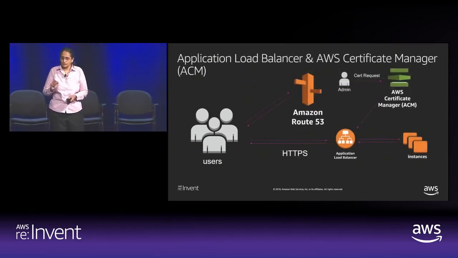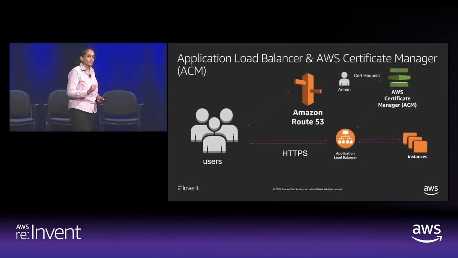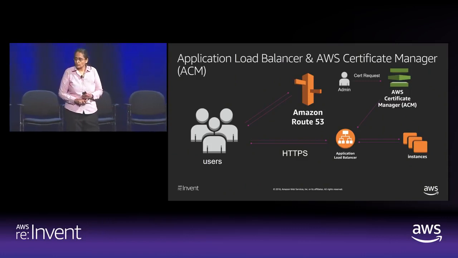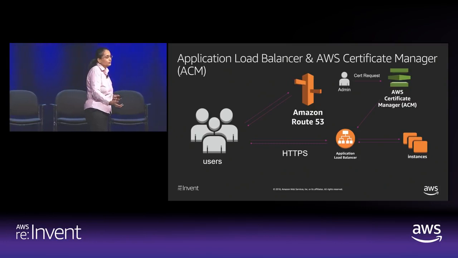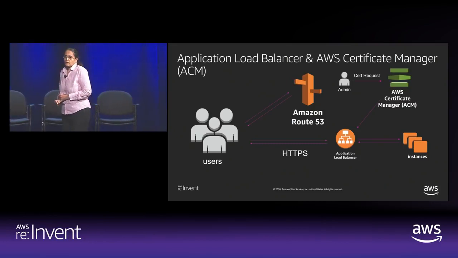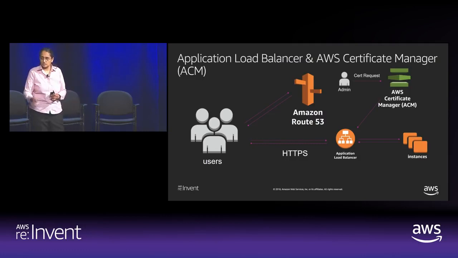One step even further, we now integrated the application load balancer into the AWS Certificate Manager, or ACM. So ACM acts as your cert provider. You can bring your own certs, download them into ACM, or ACM can give you the certs. And ACM also auto-rotates the certs for you.